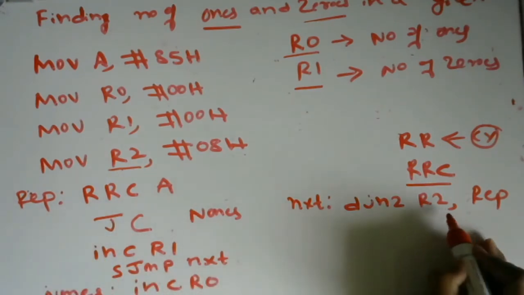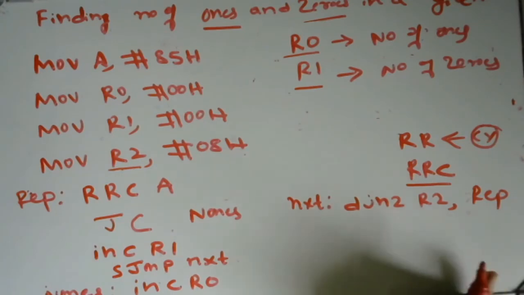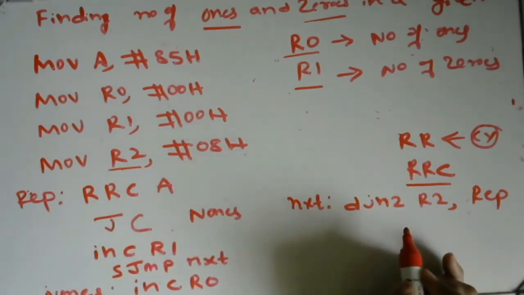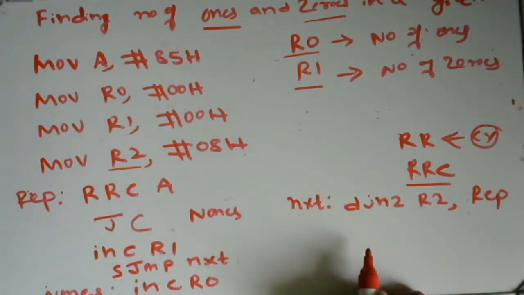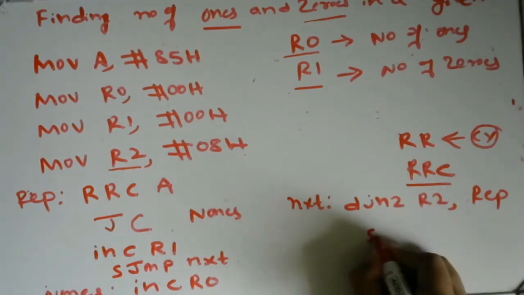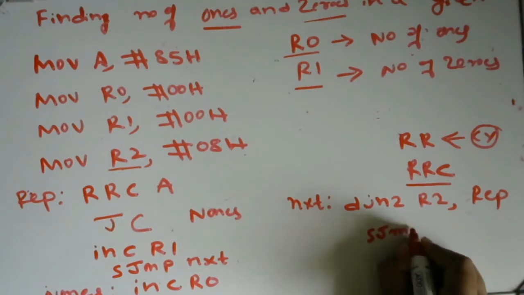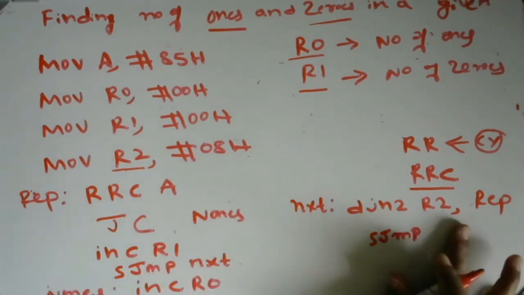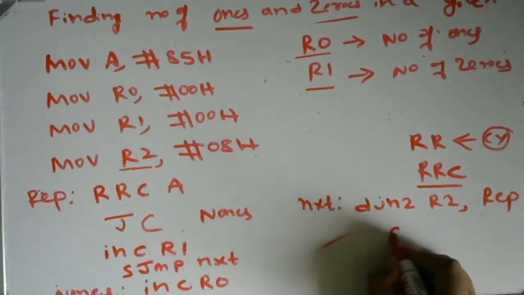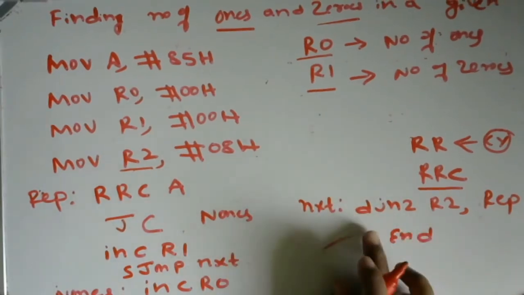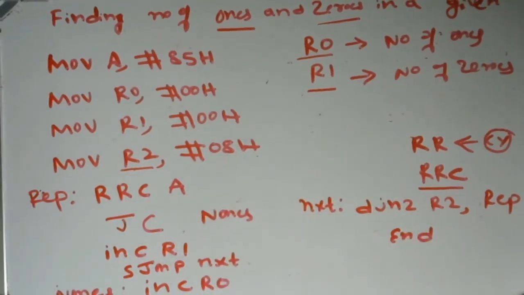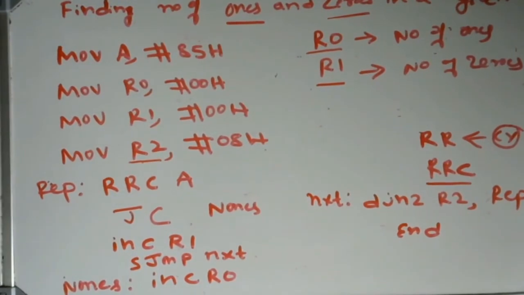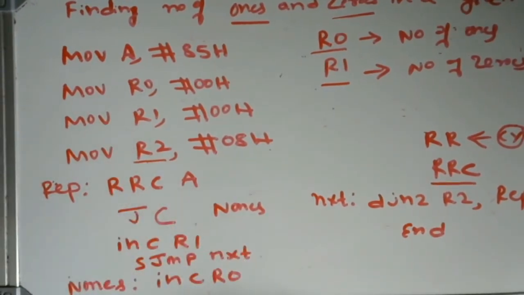If R2 is 0, that is nothing but we have rotated all 8 times, so it's time to end the program and it will come out of the loop. So I'll write SJMP to the end of the program. This is how we can write the 8051 program to count the number of ones and zeros.